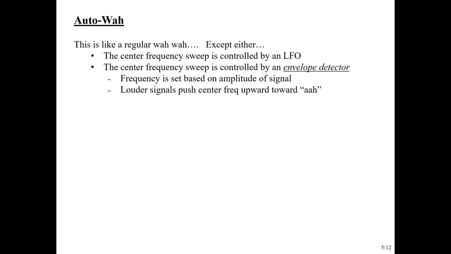Now you use that changing voltage to sweep the frequency of the bandpass filter. It's usually set up so that the louder parts of the signal will push the center frequency up towards the ah part, and the quieter ones will be more down towards the whoa. So if you start soft and get loud, it would go wah. It becomes interactive with your playing.